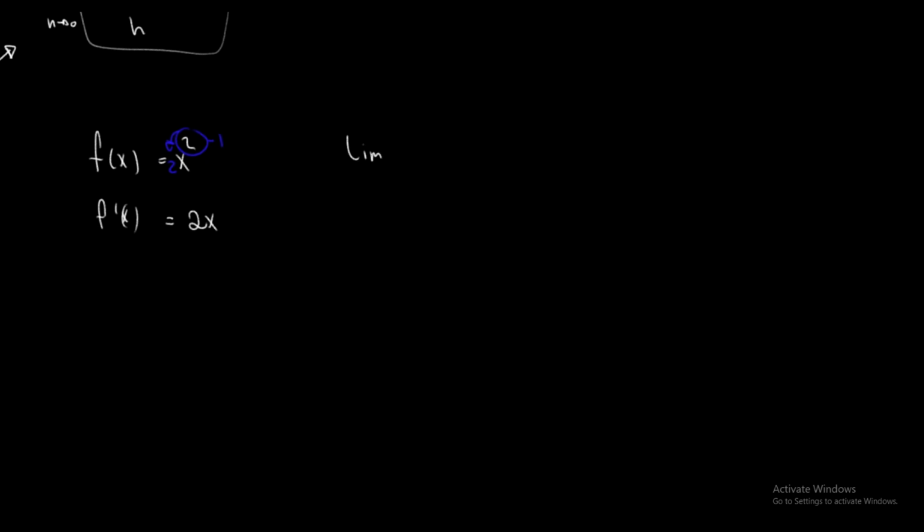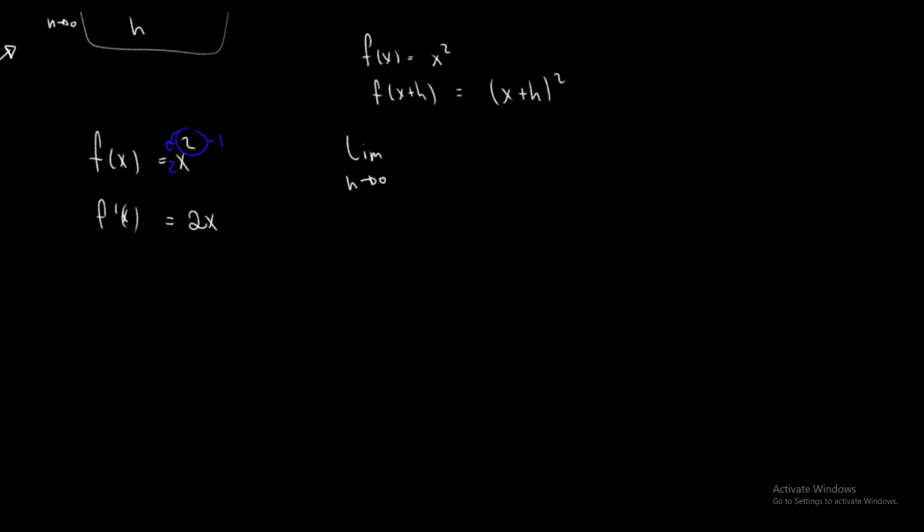So I can say, the limit as h approaches 0, because I want to see what happens at this 0 mark, the closer I get to 0. Actually, the closer the change gets to 0. Since f of x is given to us as x squared, f of x plus h would be x plus h squared.